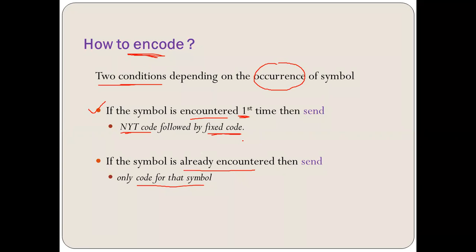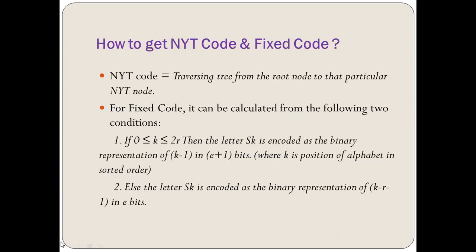So we are now going to see three things: how to generate the NYT code, the fixed code, and the symbol code. For generating the NYT code, you have to traverse the tree from the root node to that particular NYT node. Say the tree is this way, and this is, let's say, the external NYT node.